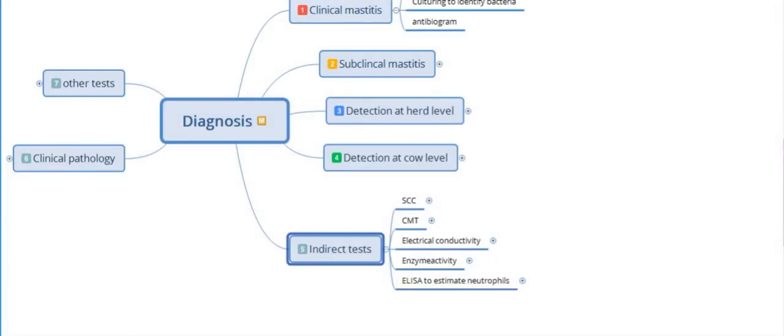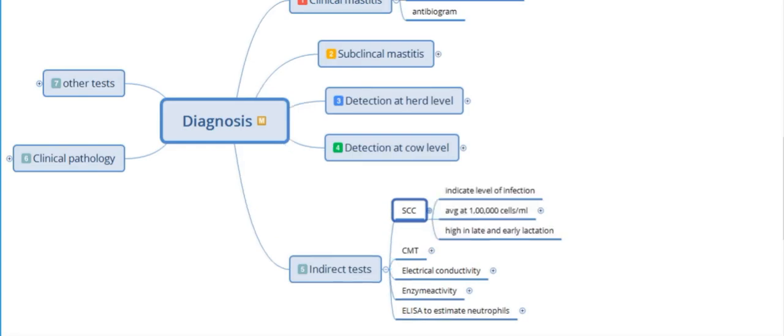So the first and most important parameter to estimate in such tests is of course the somatic cell count, and the increase in the somatic cell count directly indicates an infection. The average somatic cell count normally expected in good quality milk is about 100,000, that is 1 lakh cells per ml of milk.